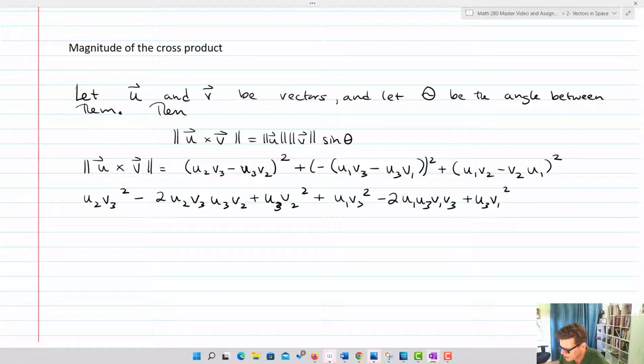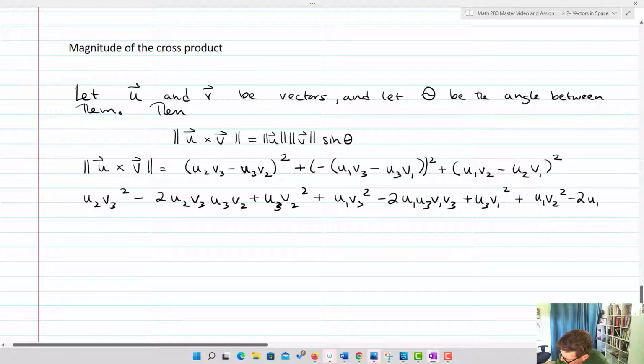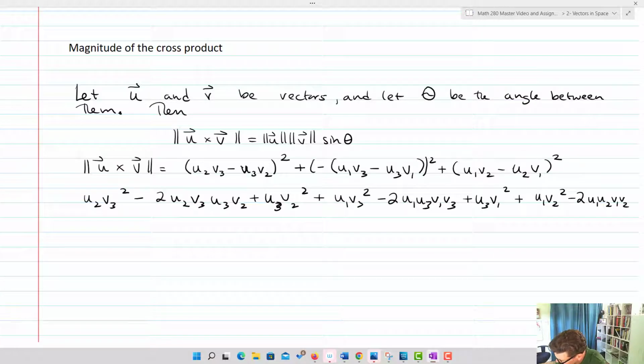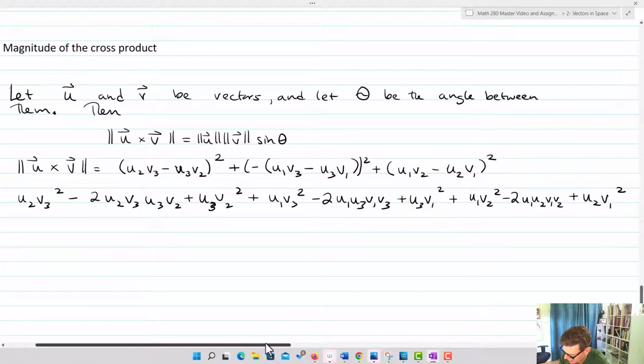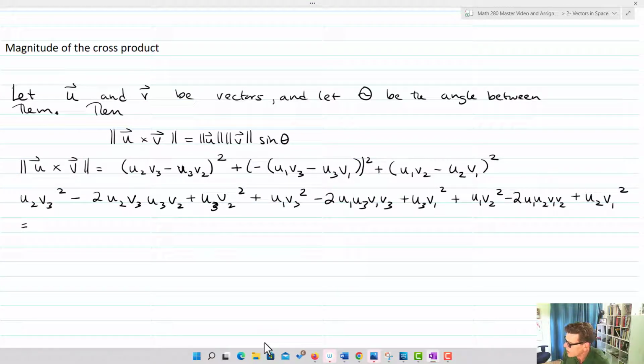All I'm doing is distributing. I'm foiling. That's it. Plus u1 v2 squared minus 2 u1 u2 v1 v2 plus u2 v1 squared. And that's just the expansion that we have there. And that's going to then equal, if we go through here, it's going to end up equaling.